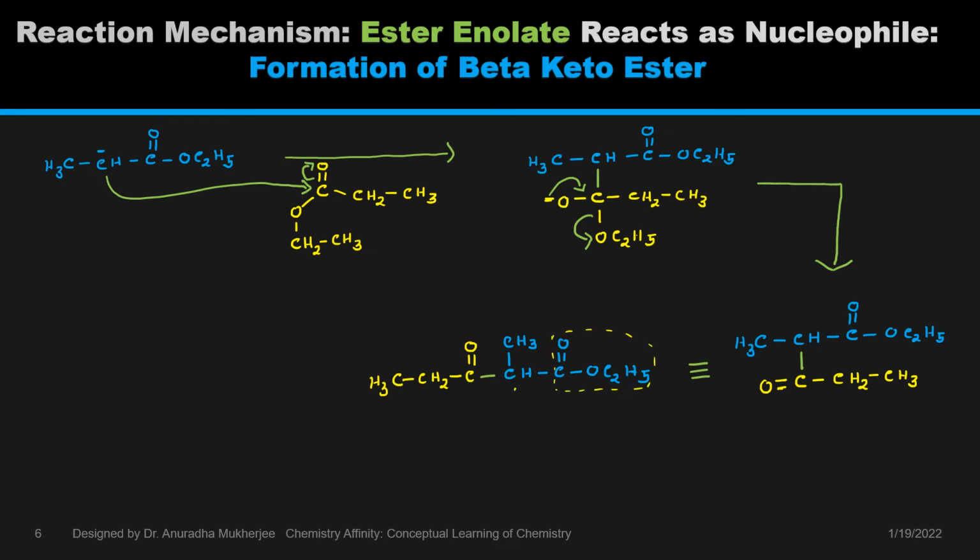So this carbon will be the alpha carbon, and at the beta position the carbonyl group is present. That's why it is called beta keto ester. So now you understand that in Claisen condensation reaction, ester in presence of a strong base forms beta keto ester.